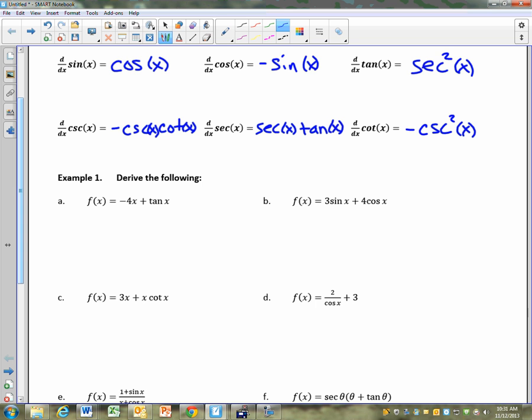So you may wonder how I remember these. The first three you just got to remember. Look at the relationship though. Derivative of sine, derivative of cosine, they're very similar, aren't they? Just one's negative. Well, look at cosecant and secant. One is negative, one has a cosecant, one has a secant.